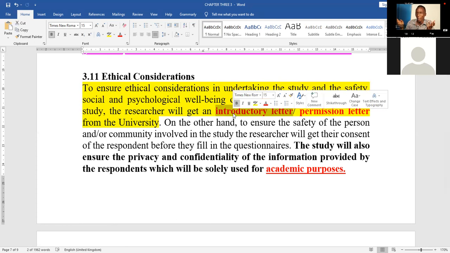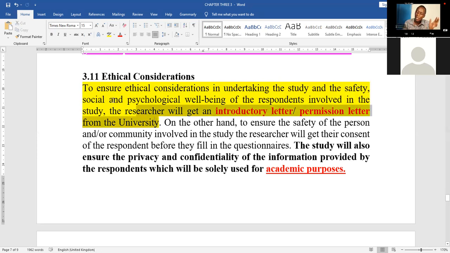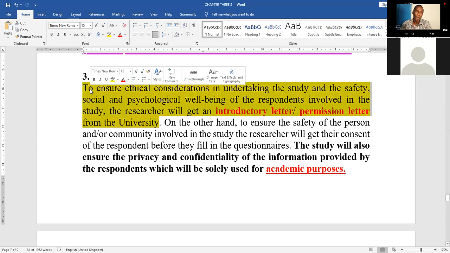It's going to be addressed to your case study, the company where you're doing your research, whether it is Bernard Regional Hospital, Salama Bank, Premier Bank, or Amar Bank, whichever case study you're using. So that is what you call a permission letter. You're supposed to get this letter from your university before you go to the field.